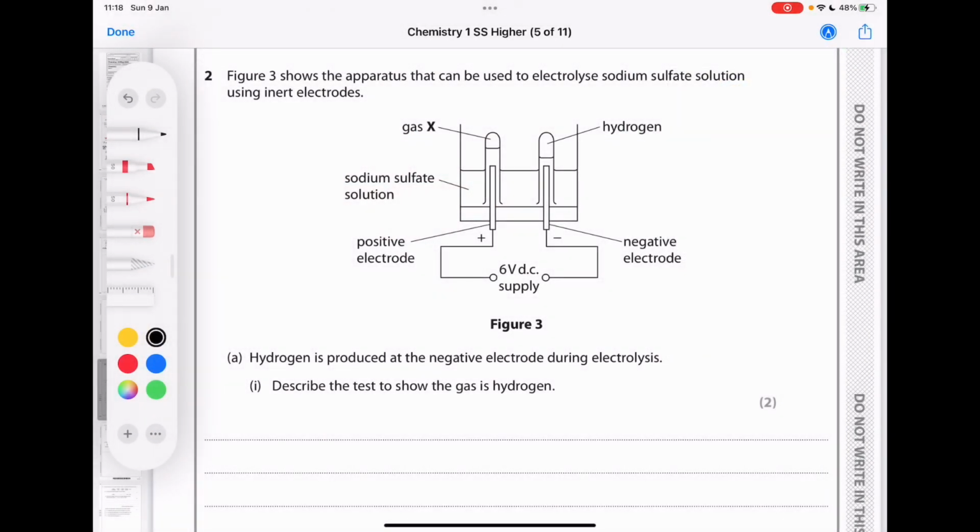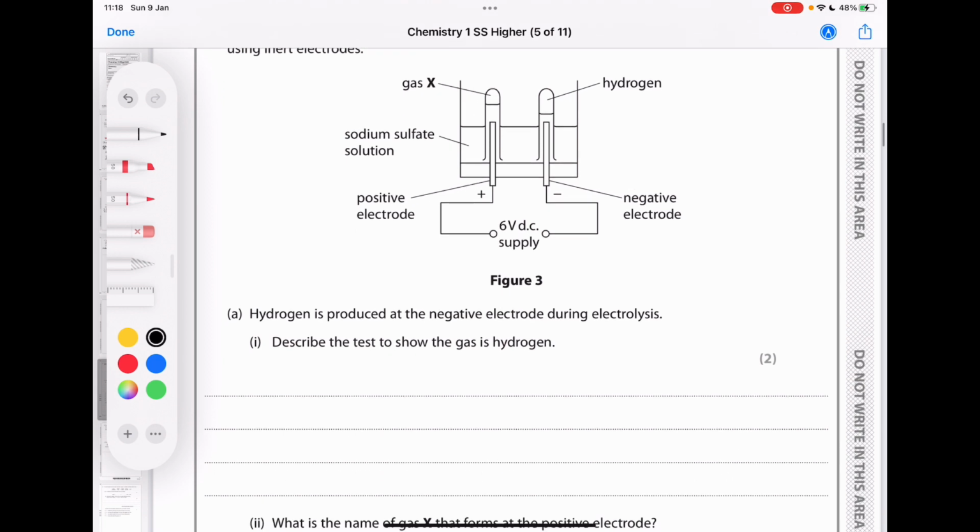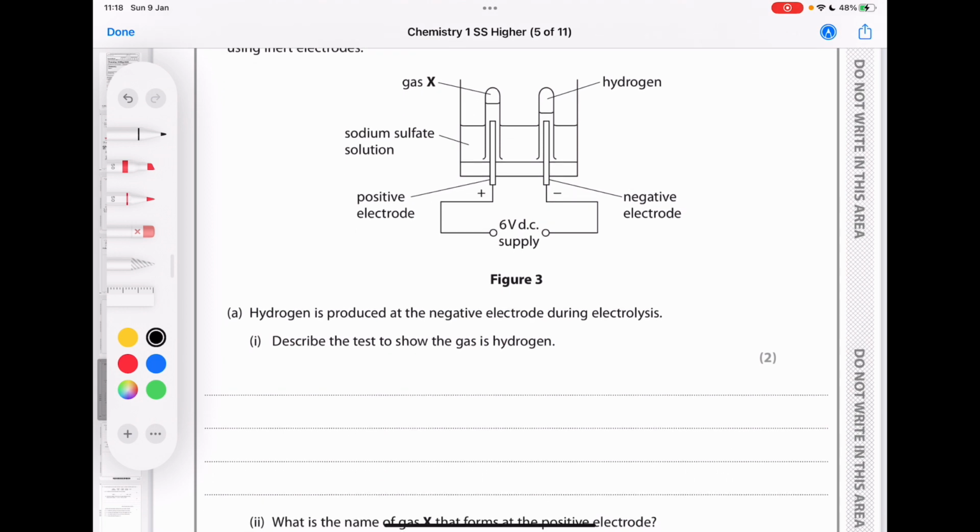Question 2 is about topic 5 and electrolysis. For question 2, part A, part 1, you've just been asked for the hydrogen test, which we should all know.